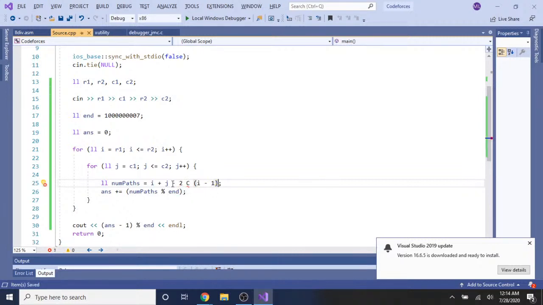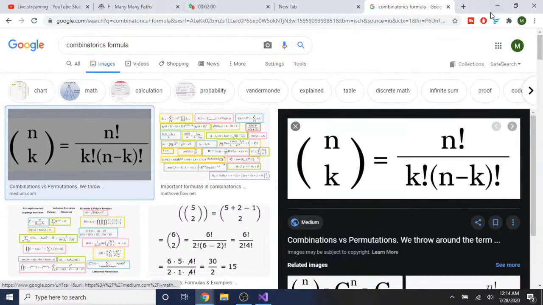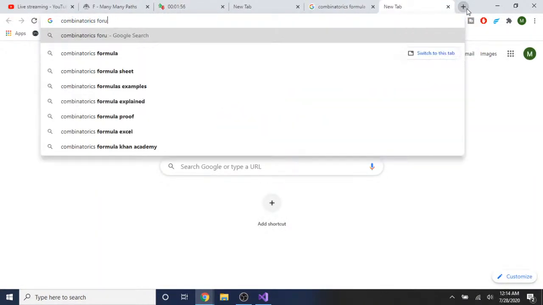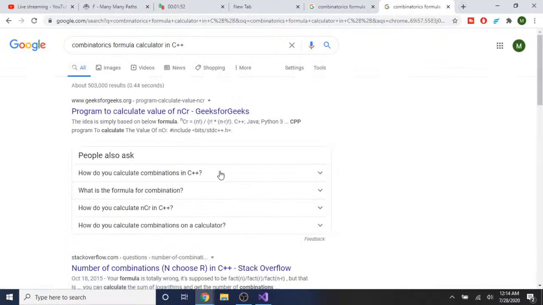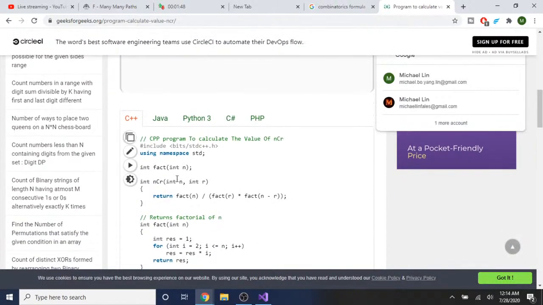So if we're going to do that, we need to figure out a combinatorics calculator. So let's try to do that. There should be a fast way to do this.